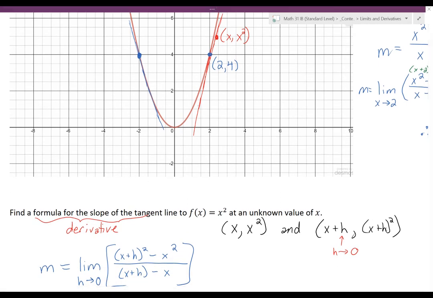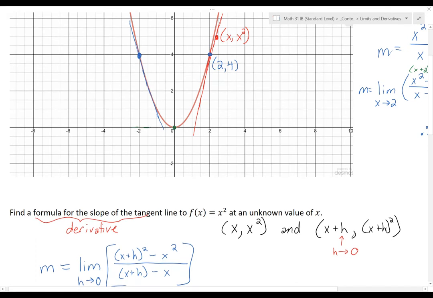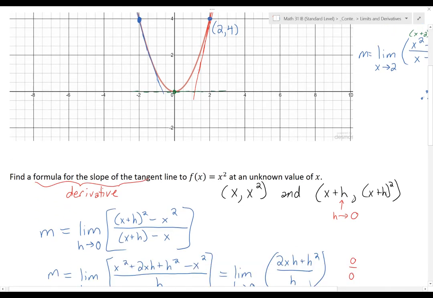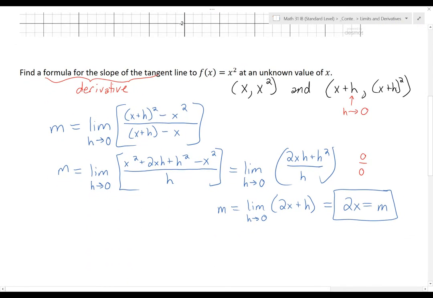Also, sort of thinking through logically what's happening at the vertex. At the vertex, if I were to draw a tangent line, I would expect that to have a slope of 0. 2 times 0 is 0, so that works out here. So for ones where I can check, that does seem to make sense. And in fact, we've shown algebraically why it's true. The slope of the function at any point is equal to 2 times the x value of that function.